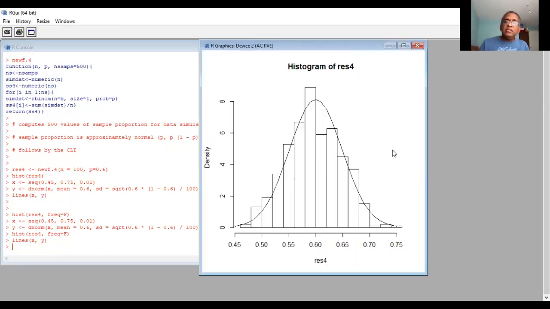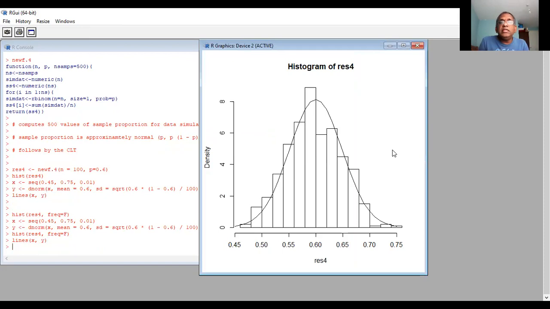Now you see it does work, right? The reason it didn't work earlier is that I plotted the histogram in the frequency scale, which is not correct. It should always be in the density scale, but especially when you want to compare the histogram with the density of a distribution, you should have it in the density scale, right?